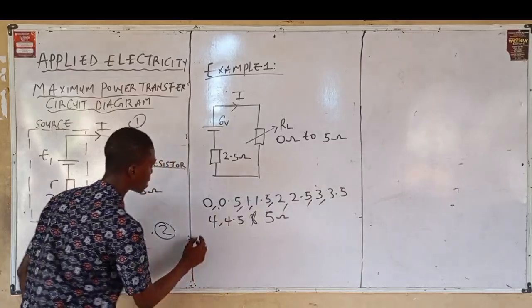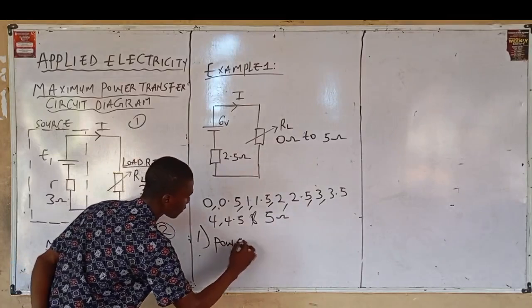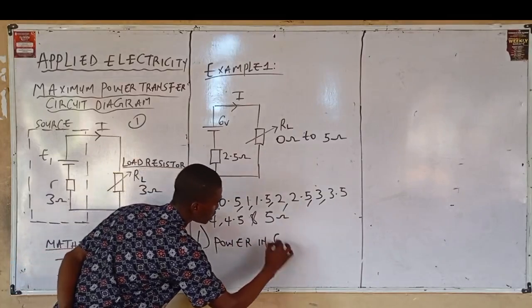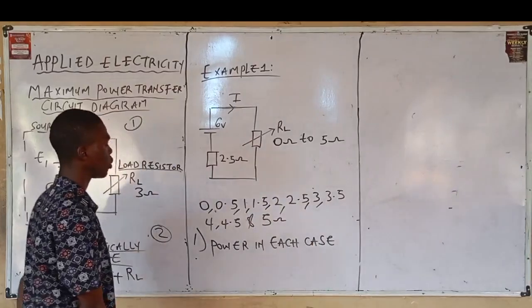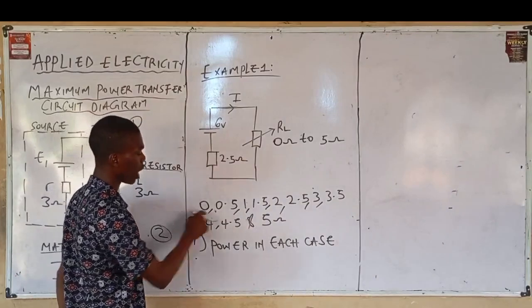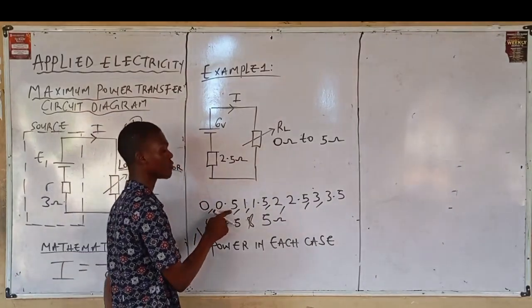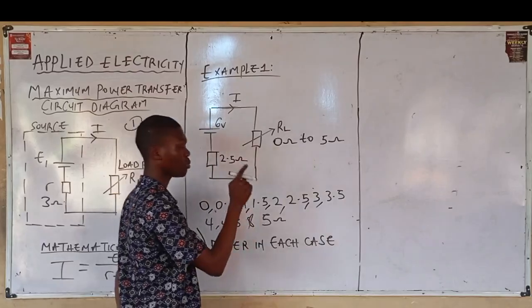So question 1 says calculate the power in each case. That is, when R is equal to 0, calculate the power. When R is equal to 0.5, calculate the power. When R is equal to 1, calculate the power.